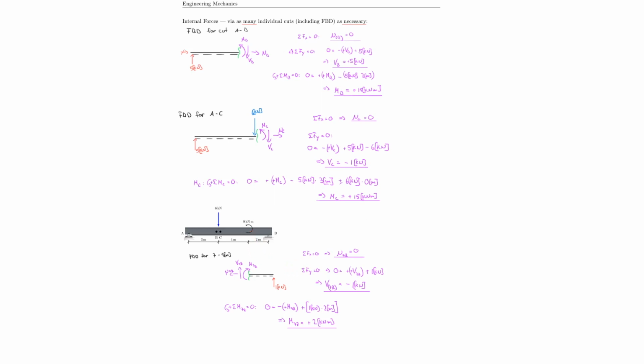If I were a beginning engineer without a lot of experience with these internal force diagrams, I would probably make another cut at, let's say, 8 meters, maybe 5 meters, maybe 1 meter, just so that I can really practice and learn how these values come about. But for me, this is enough now to draw the diagrams, and I will do that on the next page. I'm looking forward to you joining me there.